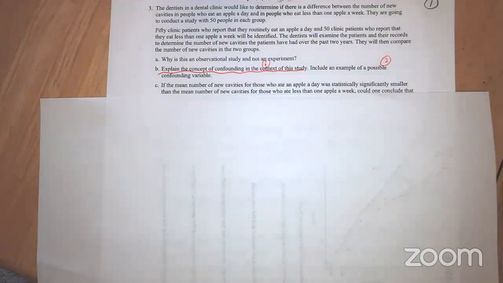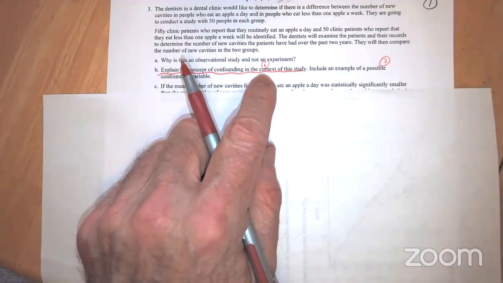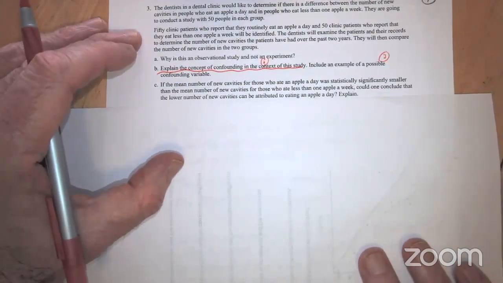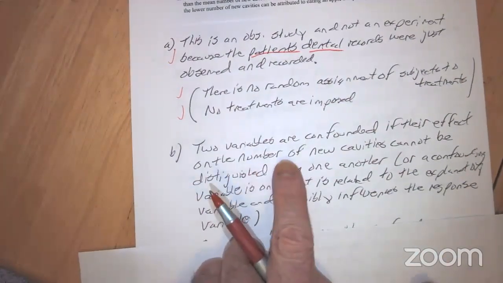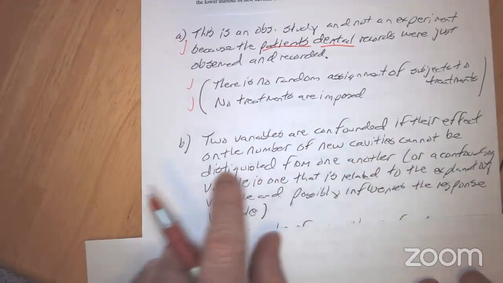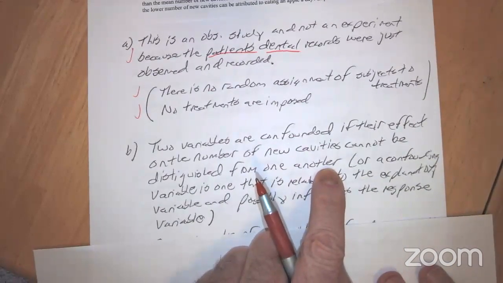So if you're reading a question and it feels like there's more than 1 part, make a little note, 1 and 2, however you want to do that. I'll leave that up to you guys. But that seems to help my students. So 2 variables are confounded if their effect on the number of new cavities cannot be distinguished from one another. In other words, I don't know what caused the cavities.